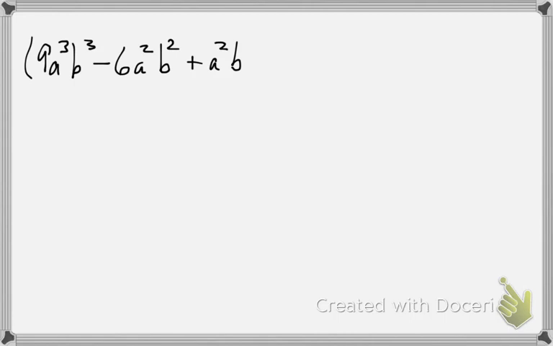What if we are given 9a cubed b cubed minus 6a squared b squared plus a squared b minus 4a, and then we're given the old school division sign, negative a squared b. So polynomial divided by polynomial, right? Is what we're dividing by a monomial?